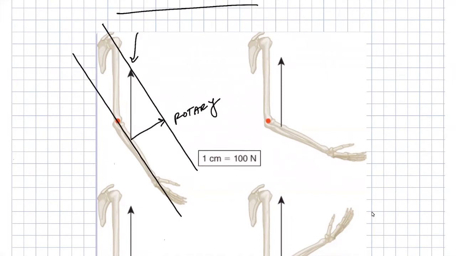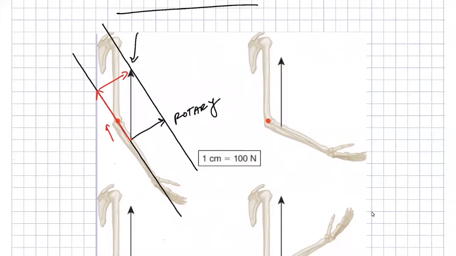Now the other one, I'm going to use a different color here. The component that's parallel to the horizontal axis goes all the way here, because that's the length of it. And you can see here, this is the triangle. So notice the direction of that horizontal component. It's this way. So it's towards the elbow.